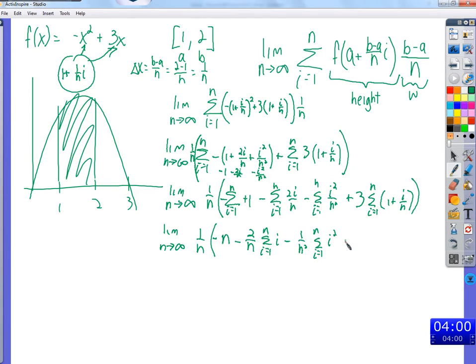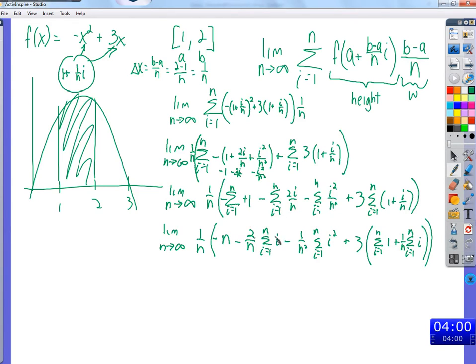We got i squared there plus 3 times, and we can split apart these two sums, so we have the sum from i equals 1 to n of 1 plus the sum from i equals 1 to n of i over n. Right. And in this step I'm going to take that constant multiple of 1 over n out. I'm just left with i there.